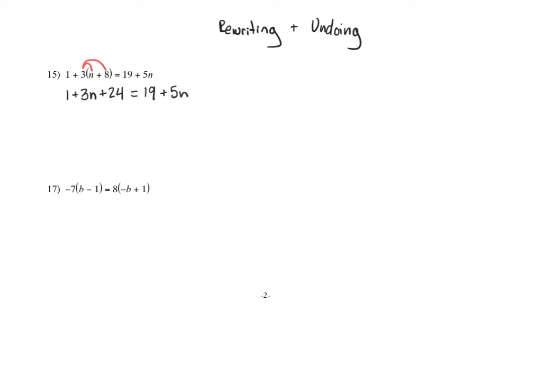Now I'm going to combine like terms on each side of my equal sign. So on the left side of my equal sign, this 1 and this 24 are like terms because they're just numbers, they're just constants. When I combine those, I get 25.